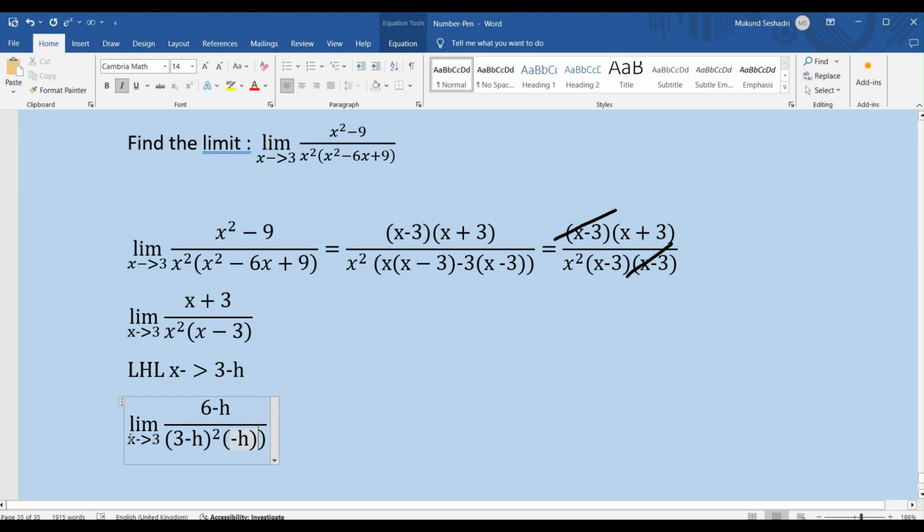Now I'm going to replace this. This is no longer in the form of x, it's in the form of h, where h tending to 0.